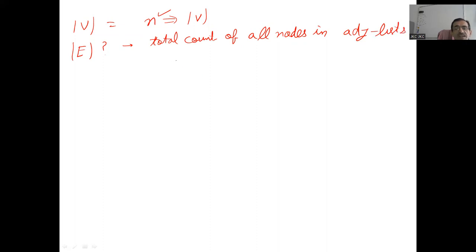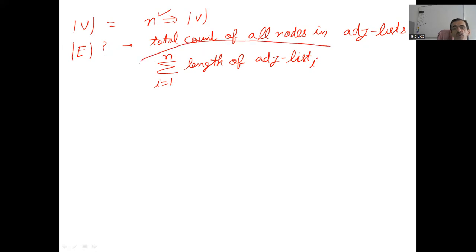Effectively, if I take i equal to 1 to n, the length of adjacency list i, which corresponds to vertex i, summed up will be equivalent to the total edge count. If it's a directed graph and there are, let's say, 500 vertices and 1,000 edges, then those 1,000 edges will be somewhere in these adjacency lists.